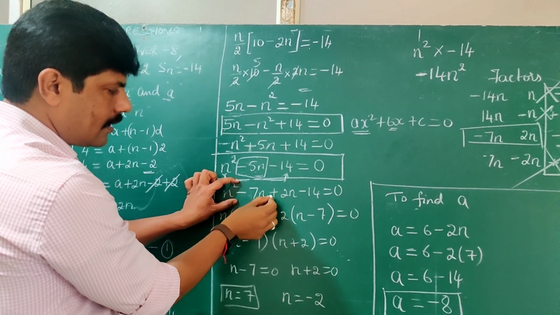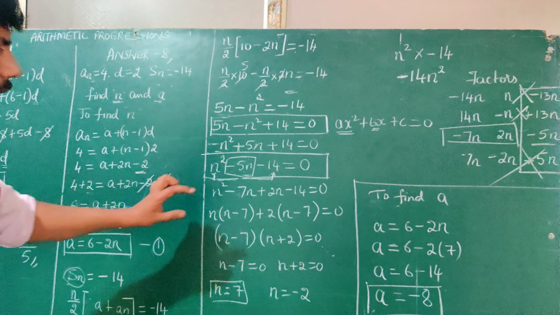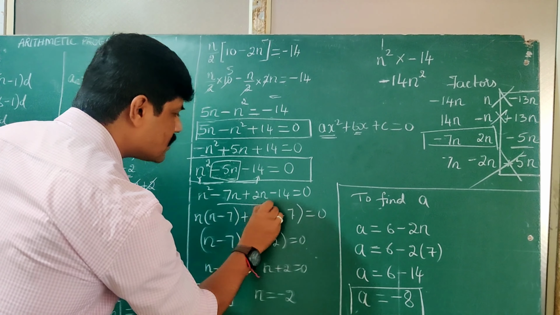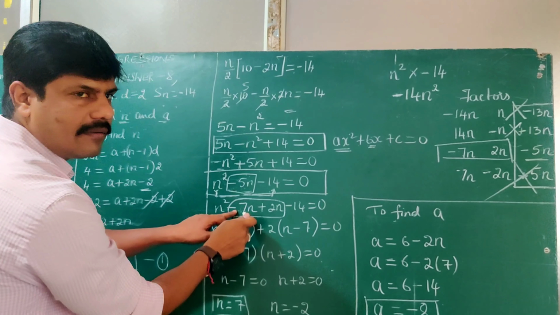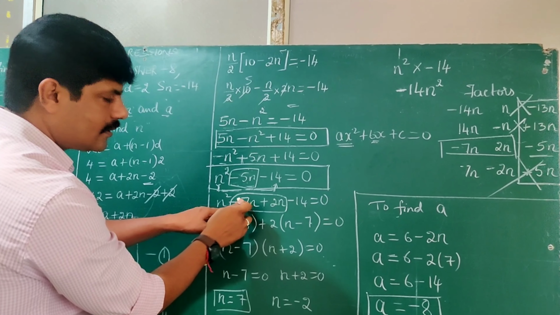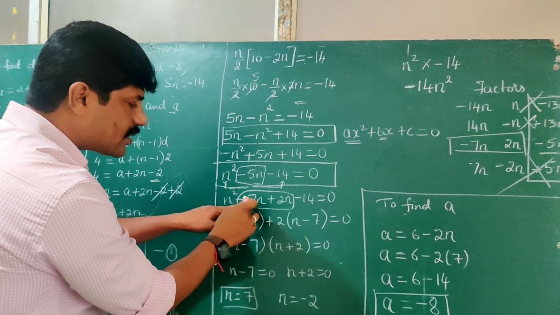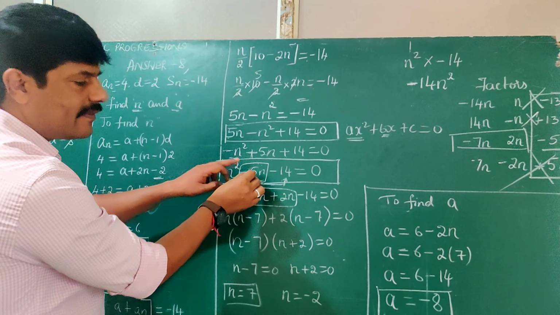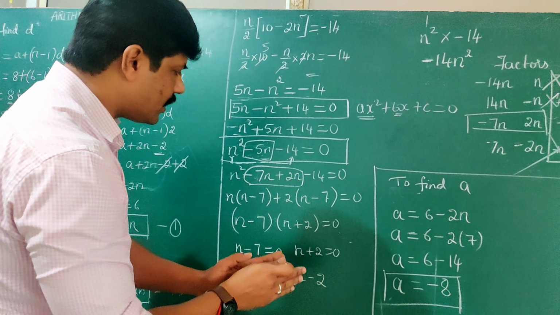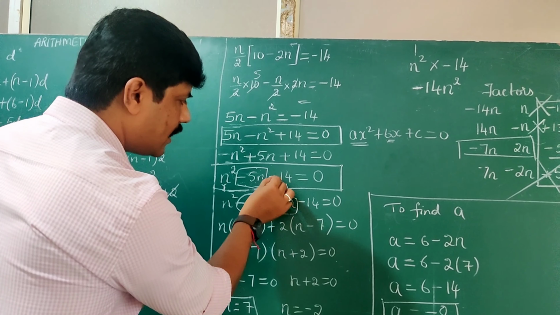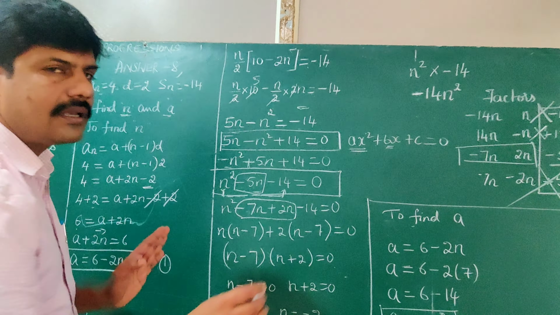Minus 7n and plus 2n. Okay? So this was the middle term. In place of the middle term, we have written minus 7n plus 2n, because minus 7n plus 2n is minus 5n itself. Okay, to find the answer, it is very much important. Then what is remaining? Minus 14 equals 0.